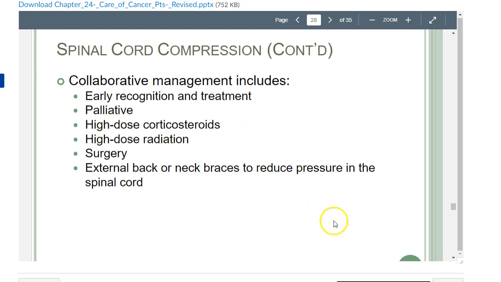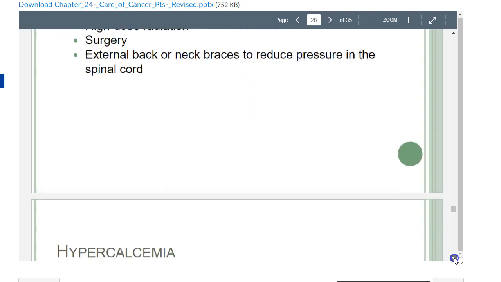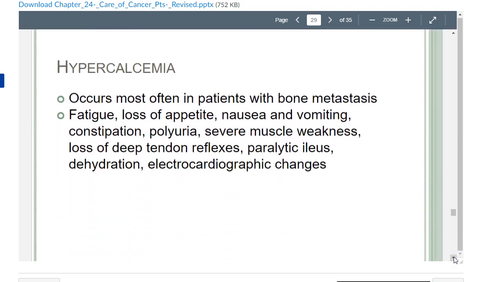And then hypercalcemia is the next one, okay? That is an increase of calcium in the bloodstream. Often we see this in patients where it comes from bone metastasis. The tumor secretes parathyroid hormone, causing the bone to release calcium. The decreased mobility, because obviously with it metastasizing to the bone, patients are in extreme pain.